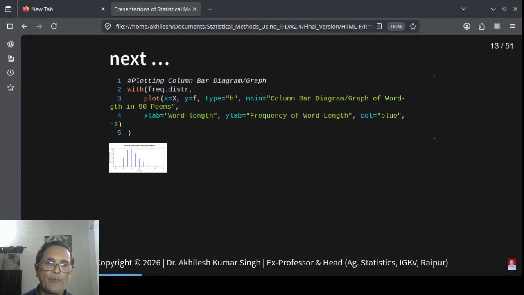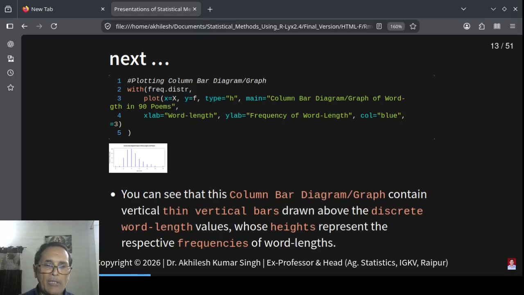So you can see that this column bar diagram contains vertical thin bars drawn above the discrete word length values whose heights represent respective frequencies of word length. Let me show you another one.